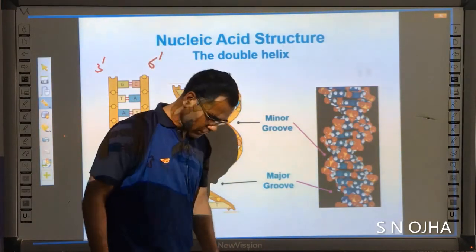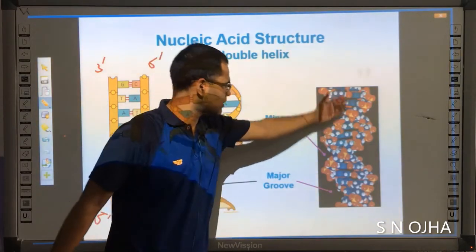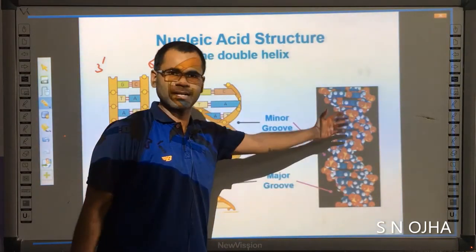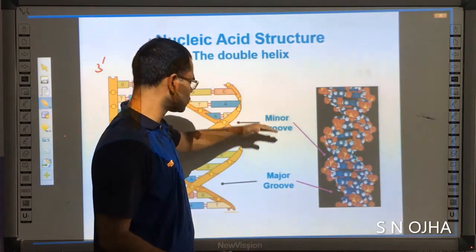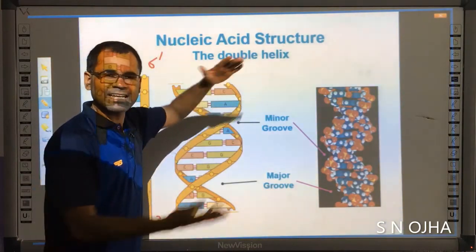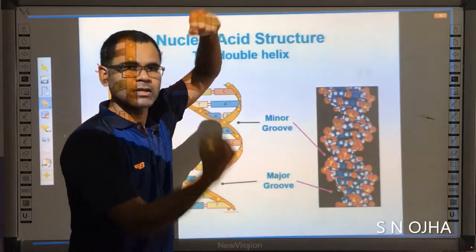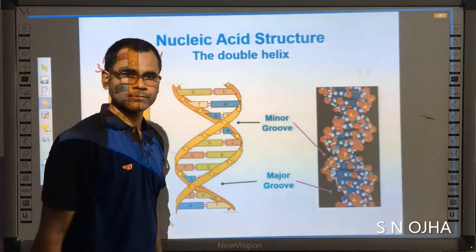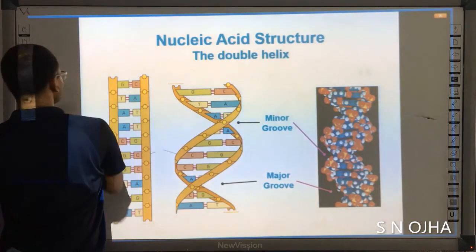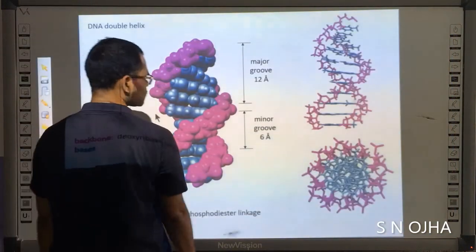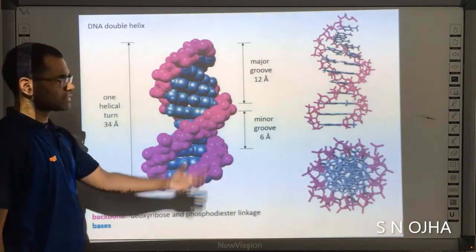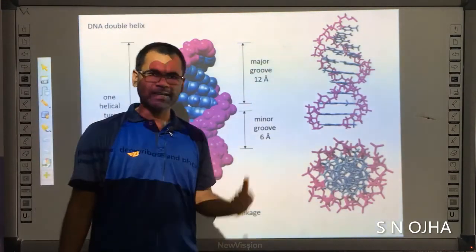If we talk about the 3-dimensional structure, the DNA appears something like this, because due to its helix, 2 grooves are formed, major groove and minor groove, and 10 base pairs are present between 2 consecutive major grooves. This is my second last slide.